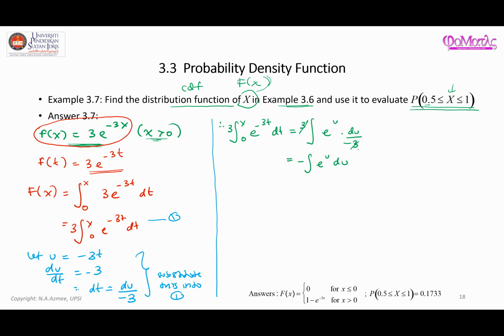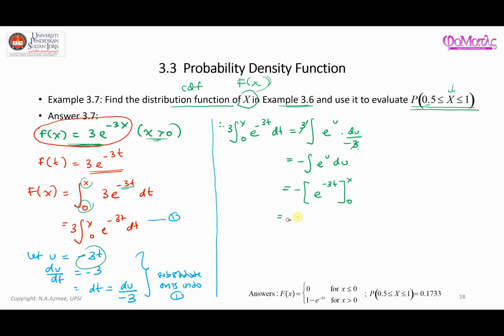It's going to be the same, e^u. But what is u? u is actually negative 3t. So this is what I'm going to write down, and I'm going to consider the limits associated with this, which are x and 0.